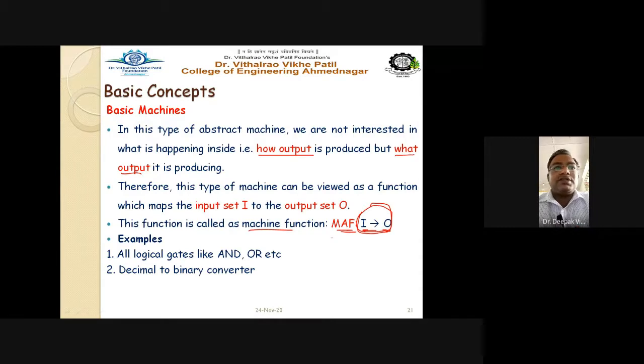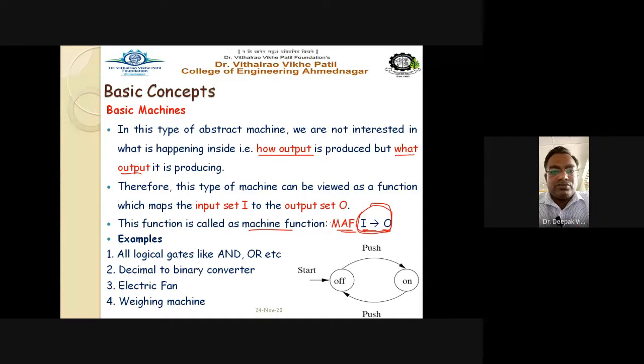Examples are all the logic gates like AND, OR, the decimal to binary converter, your electric fan, a weighing machine. You need to supply only inputs and the output is produced. But how it is produced is not our concern. Our concern is only what exactly the output is, or whether this output is correct or not.